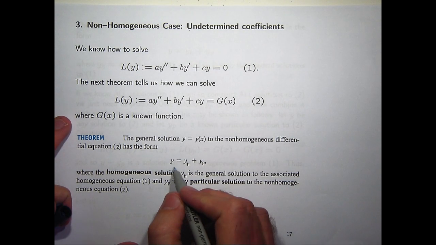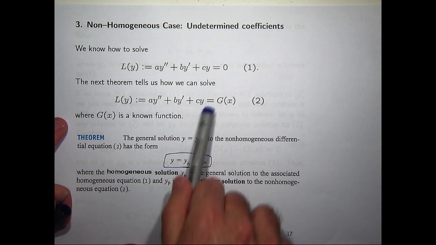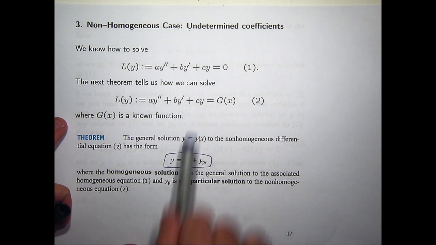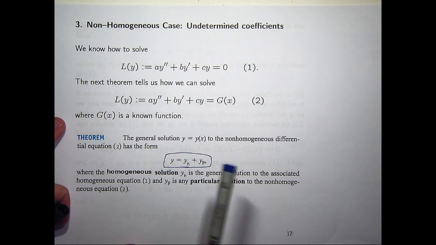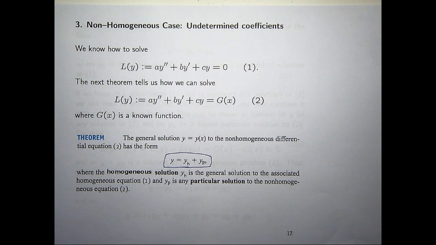So this form is extremely important. The general solution to this problem is the solution to this simpler problem plus any particular solution that you like to construct to equation 2.